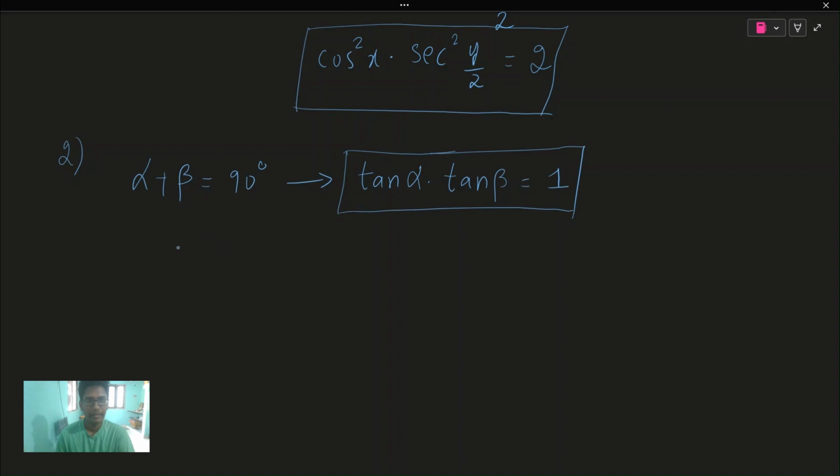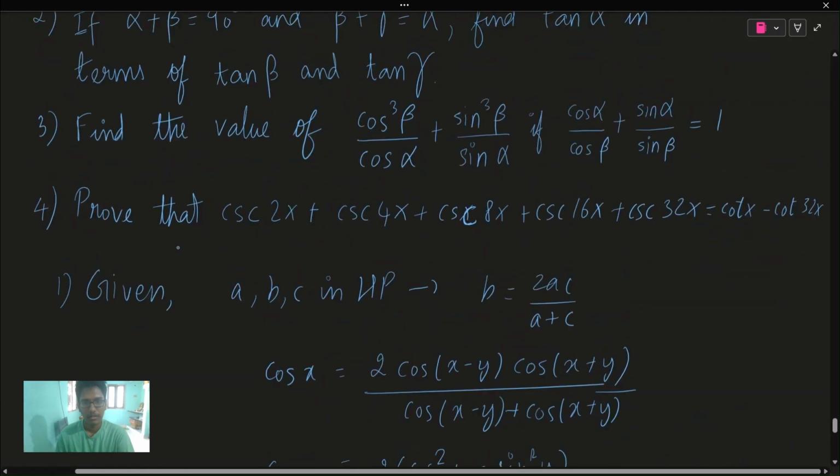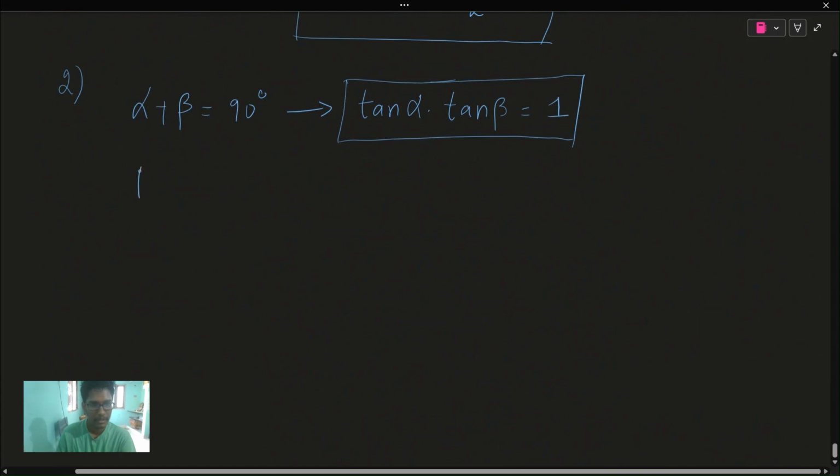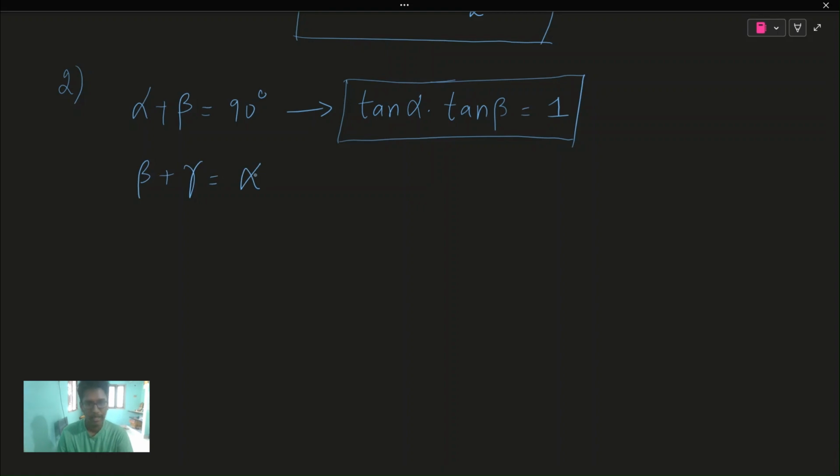Then given beta plus gamma is equal to alpha, which implies I want tan gamma. So gamma is equal to alpha minus beta. So putting the tan ratio on both sides, I would get tan of alpha minus beta.